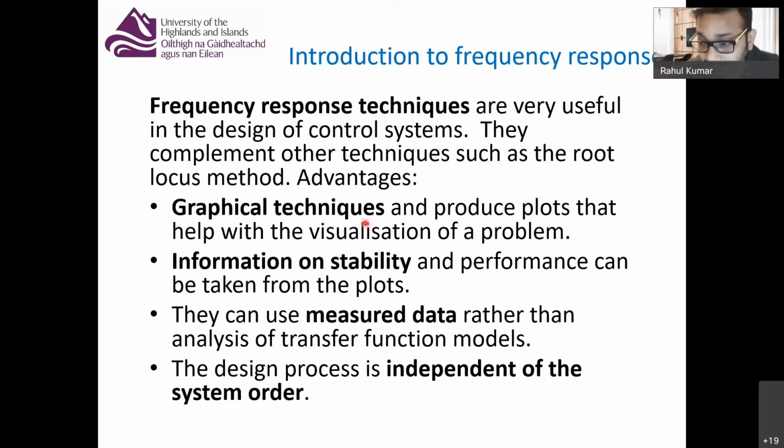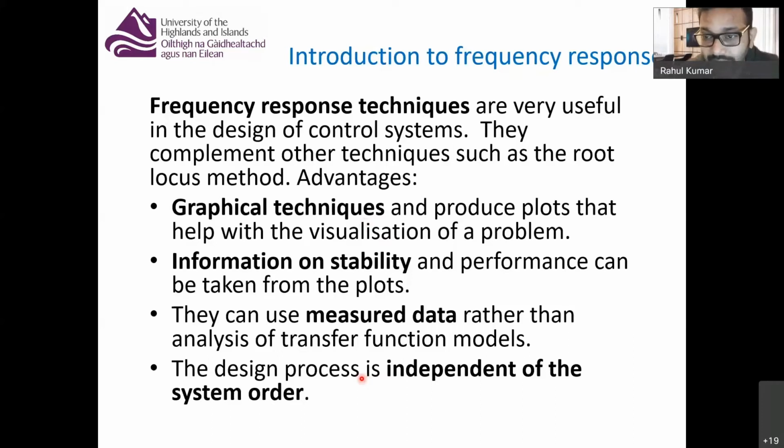Now, as it is a graphical method, you do not need the complicated transfer function of the system. Also, we can apply the same technique for a first order, second order or third order system.